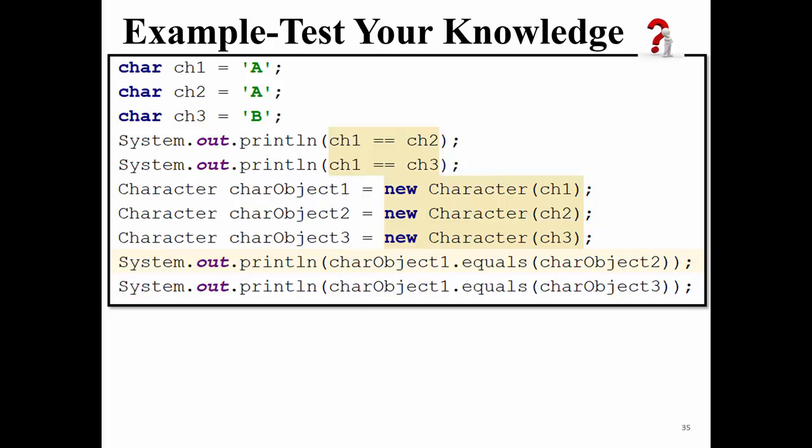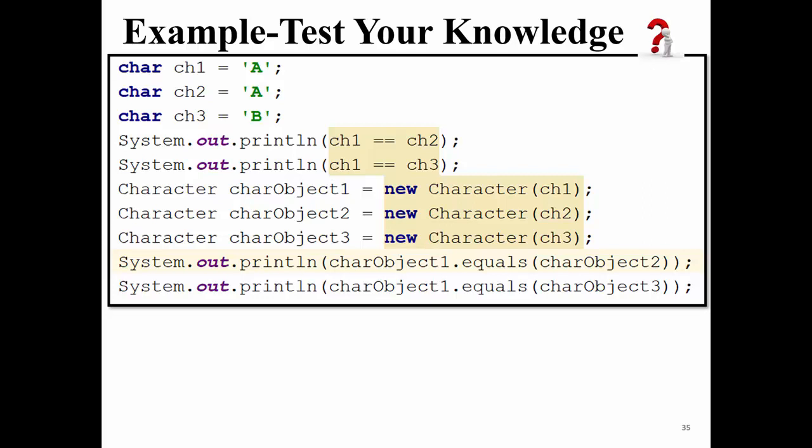Then I define character object 2 and character object 3. The first three lines of this code define primitive data types, and lines 5, 6, 7 and 8 define Character objects.